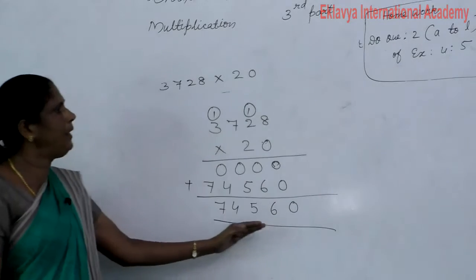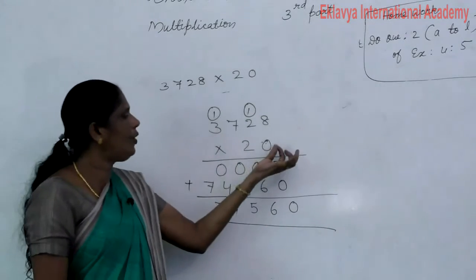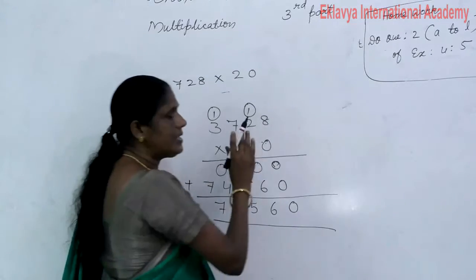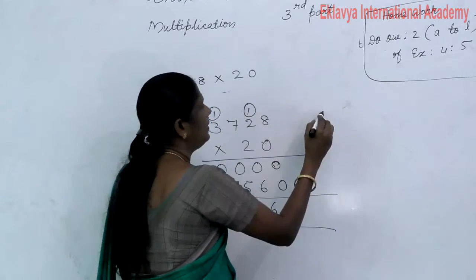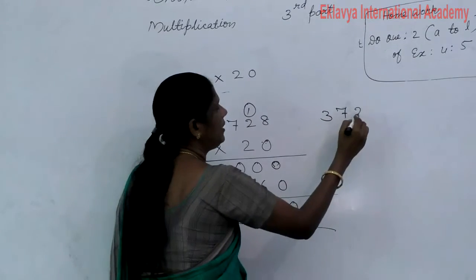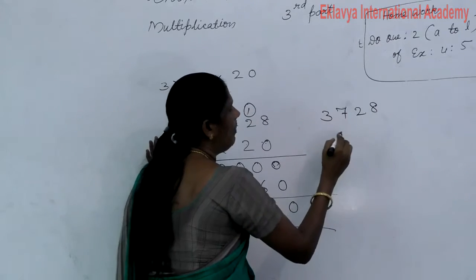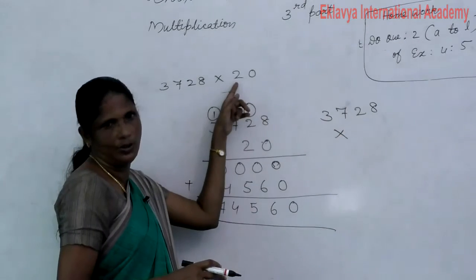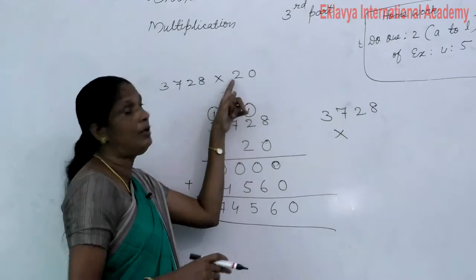This number we take, 0 also take together. Now this number I change. 3728, first I take only 2.